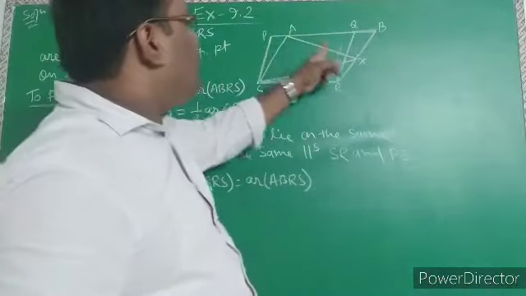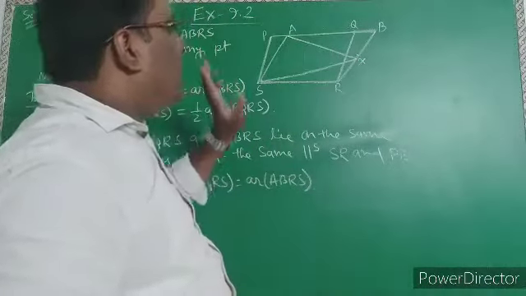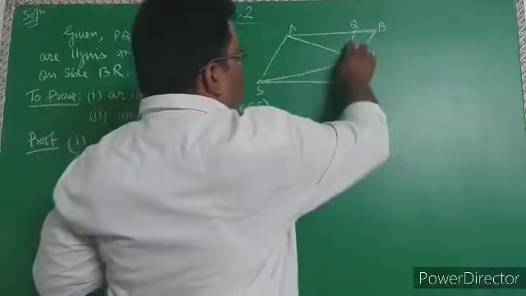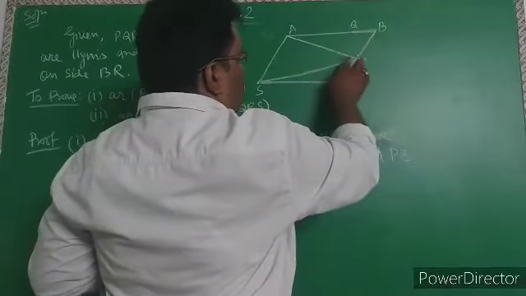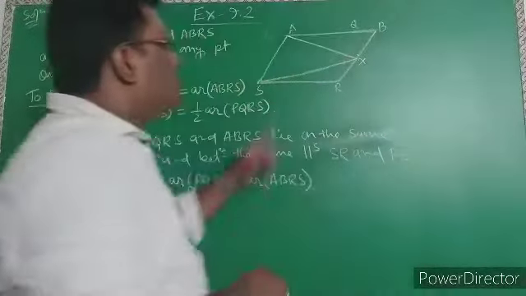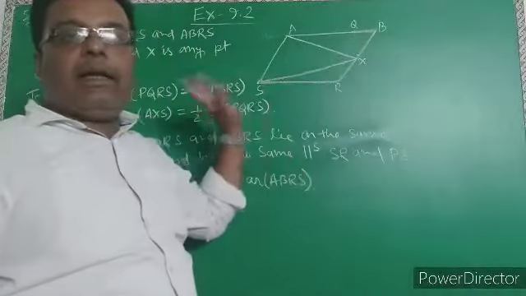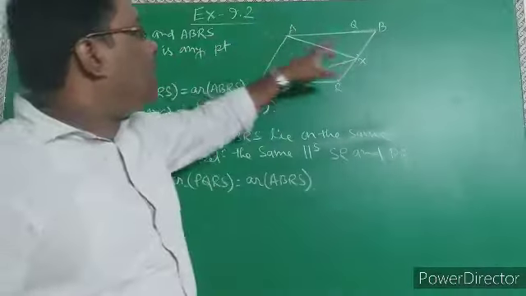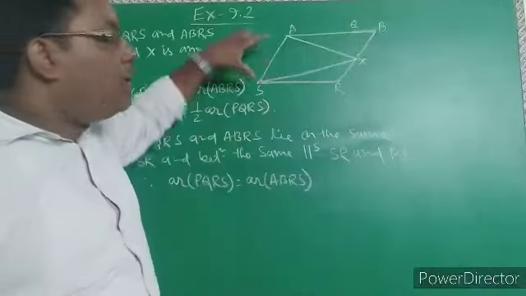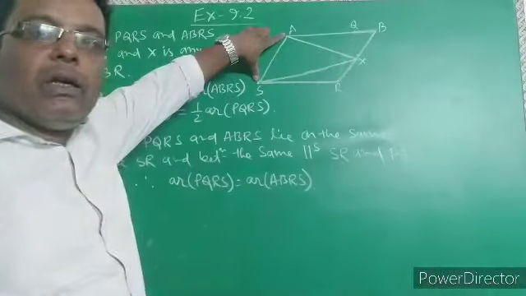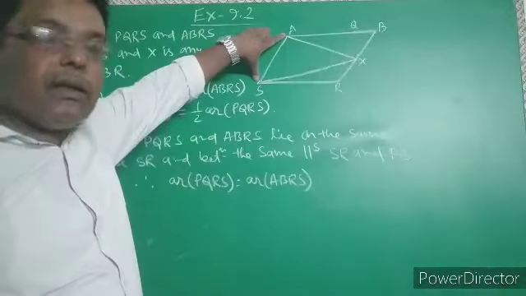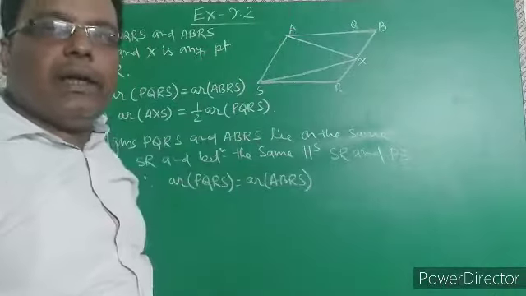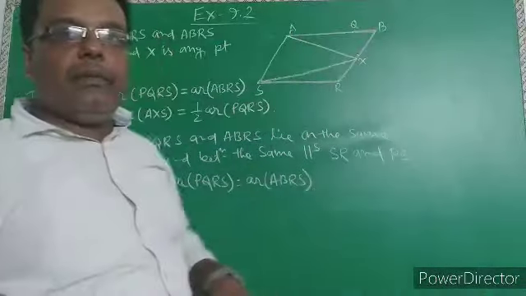Now we'll take this parallelogram only, that is ABRS, and ABRS is a parallelogram and AXS is a triangle, and both have the common base AS, and they lie between the same parallel lines AS and BR.